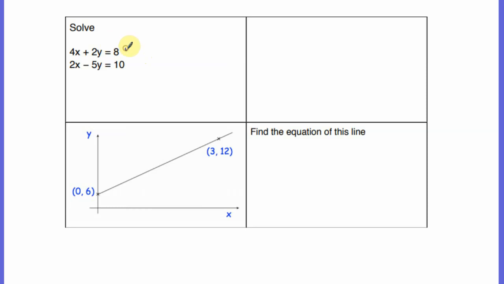So if I label this equation 1 and this equation 2, I'm going to times equation 2 by 2. What that's going to do is make, instead of 2x, 4x, instead of minus 5y, minus 10y, and instead of equals 10, it'll be equals 20. One second, I put 4y there when I should have put 4x.